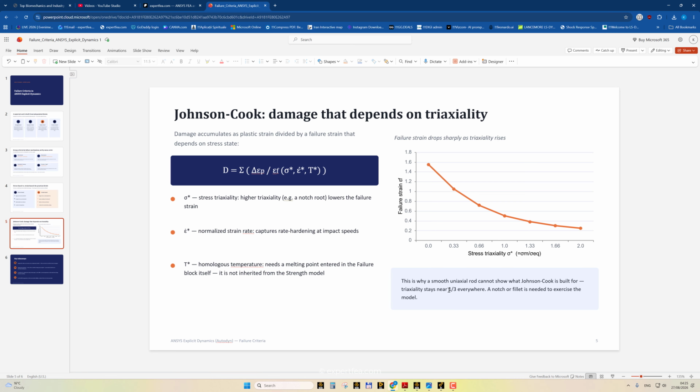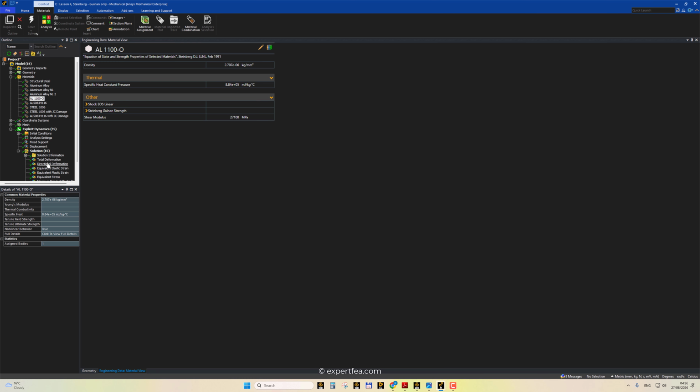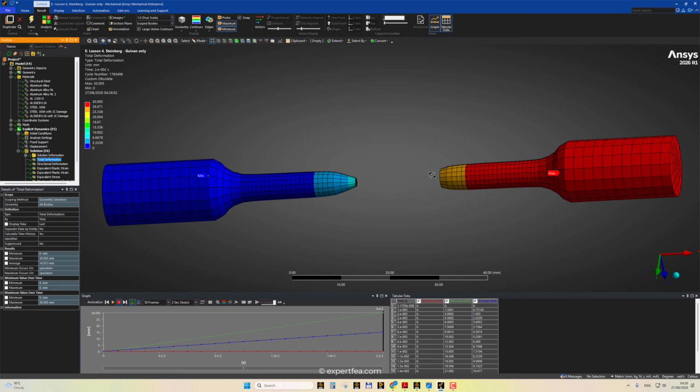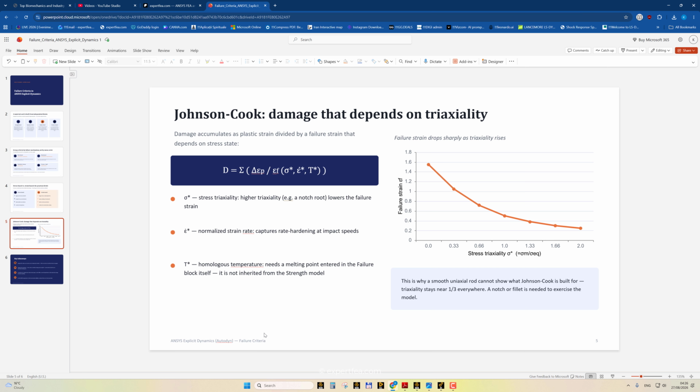But once we exceed 1/3, 0.333, then this necking appears here and it breaks. All right, so this is the formula. Stress triaxiality here, strain rate, and temperature, melting point.